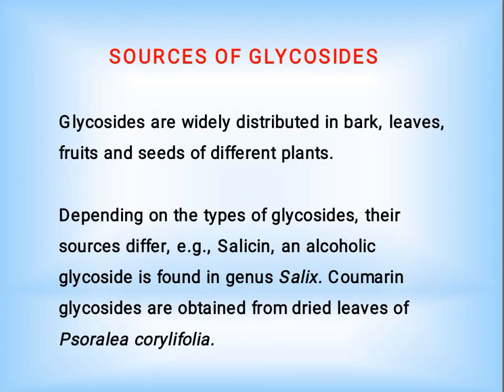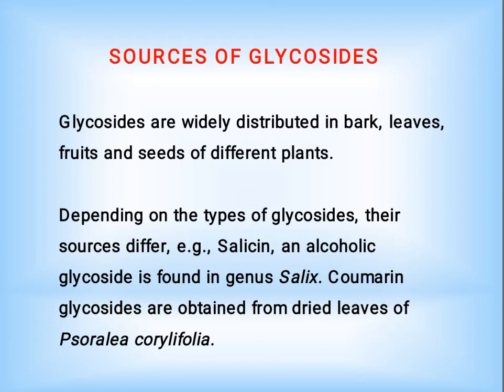Now we will see sources of glycosides. Glycosides are widely distributed in bark, leaves, fruits and seeds of different plants. So the major amount of glycoside would be present in leaves, bark, fruits and seeds of different types of plants. Depending on the types of glycoside, their sources are different.